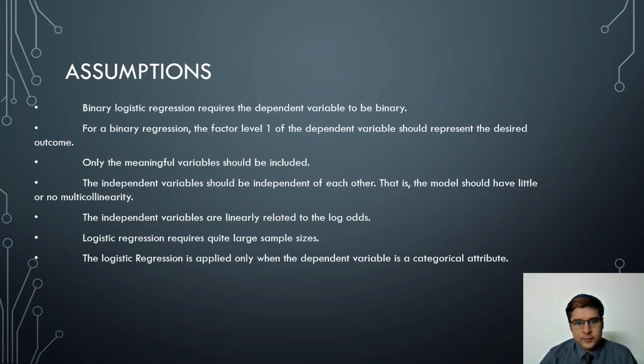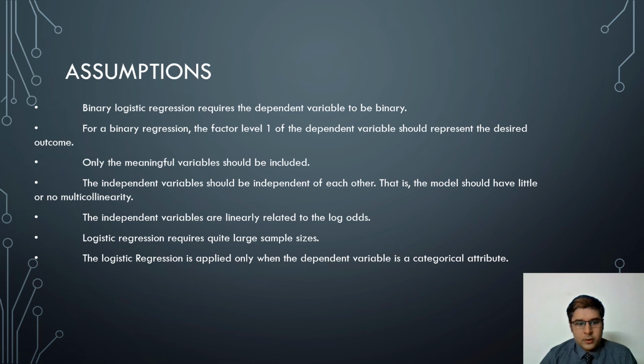Assumptions used in the case of logistic regression: binary logistic regression requires the dependent variable to be binary. For binary logistic regression, the factor level 1 of the dependent variable should represent the desired outcome. So one value of the dependent variable implies that the outcome is there. Only the meaningful variables should be included.